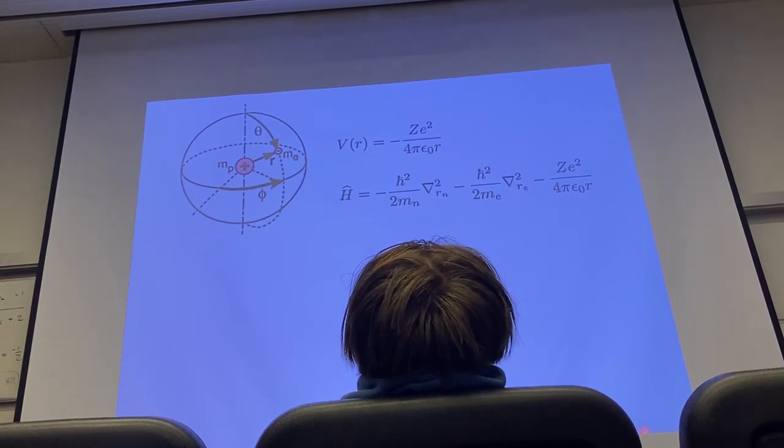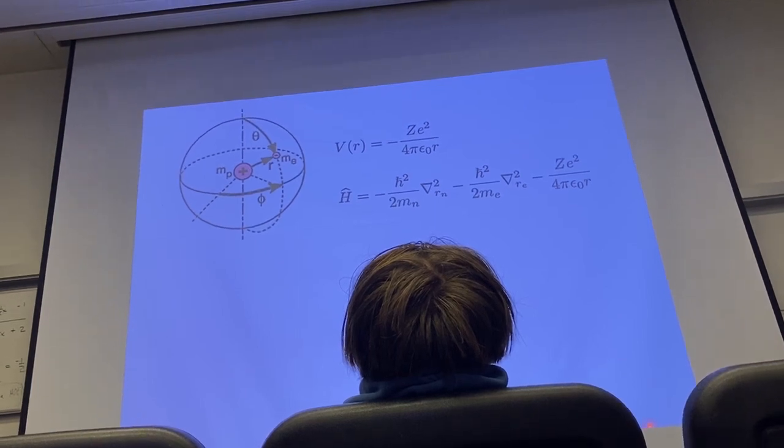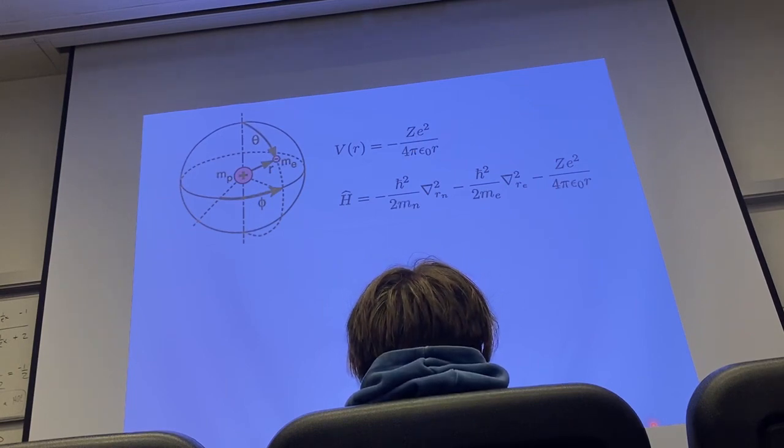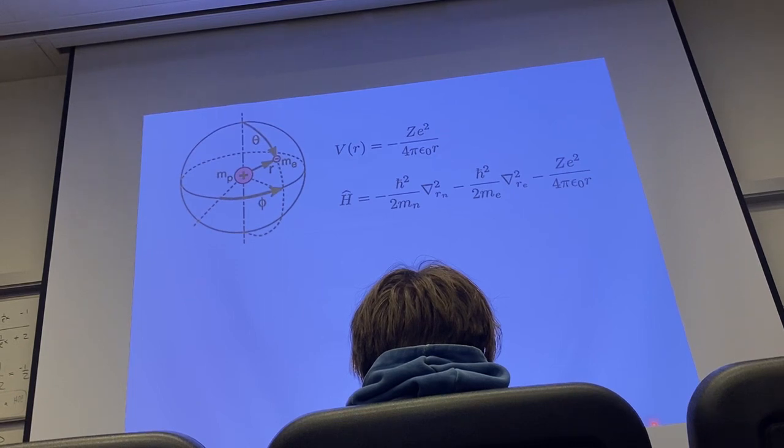So I have two of these funny little triangles, the del squared, which is basically the second order derivative in 3 dimensions, as we have seen before. Okay, so we have a part for the nucleus, which is labeled as del squared Rn. That is the kinetic energy of the nucleus, and then the kinetic energy of the electron, which is described by del squared Re.